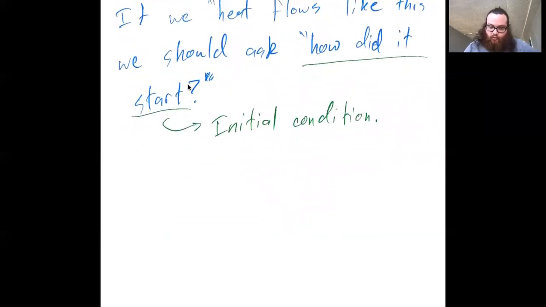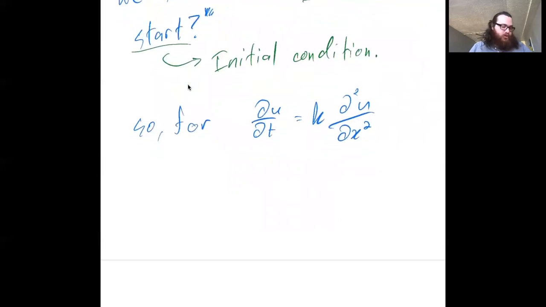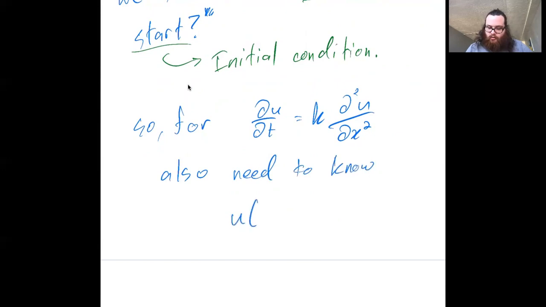In practice, how this works is, let's say for du/dt equals k d squared u dx squared, for this equation we also need to know u at time 0, the initial temperature.